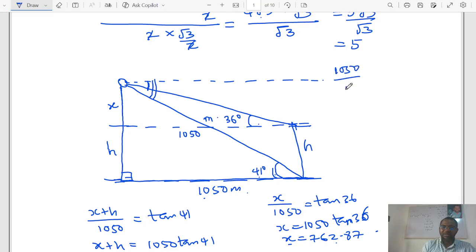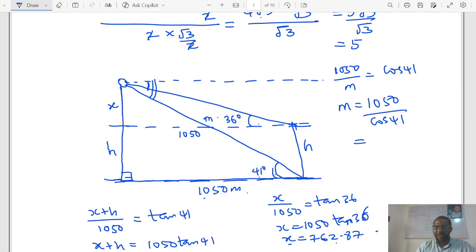So I'm going to say 1050, which is adjacent, over M, which is hypotenuse, is equal to cos 41. So that means M now is going to be equal to 1050 divided by cos 41 if you cross multiply. So permit me to use my calculator. 1050 divided by cos 41.